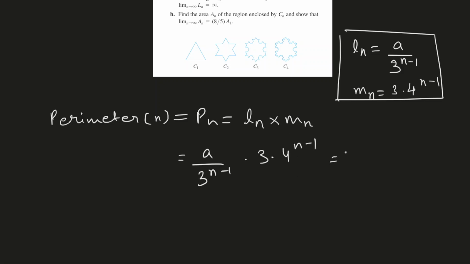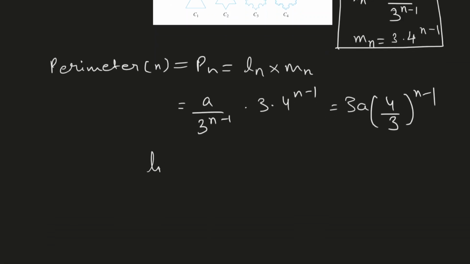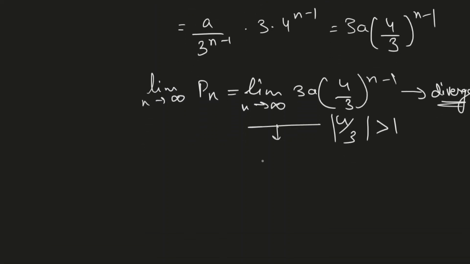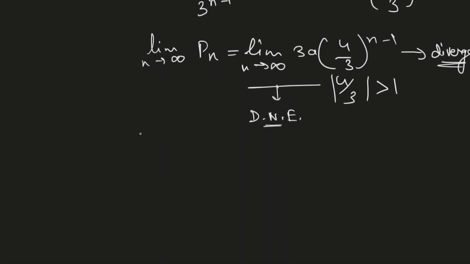This is 3A times 4 by 3 power n minus 1, and clearly we can prove that as n tends to infinity, Pn is the limit of 3A times 4 by 3 power n minus 1, and as the modulus of 4 by 3 is greater than 1, this diverges, right? We won't be able to find the limit, and this limit does not exist. So we are able to prove that the perimeter would go to infinity as we increase the value of n.